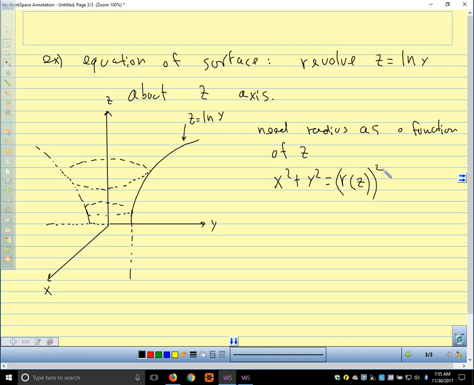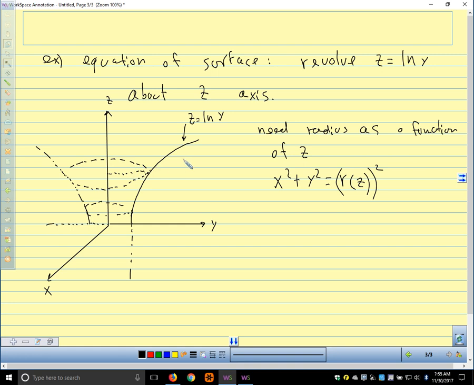So what's our radius function going to be? We want this to be this radius. If we think about this curve in the yz plane, our radius is the y coordinate. So we need y as a function of z.